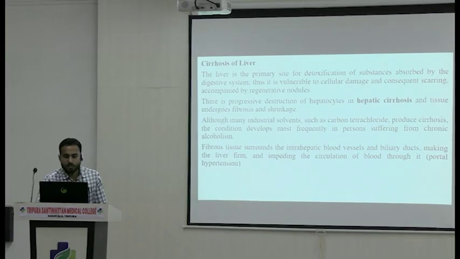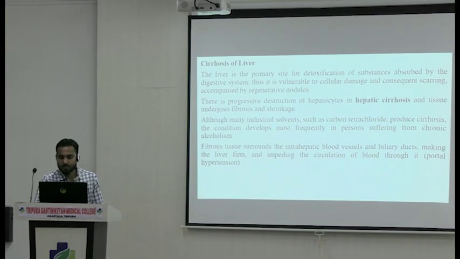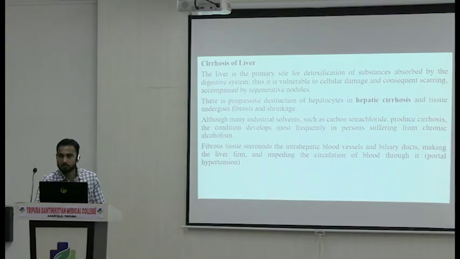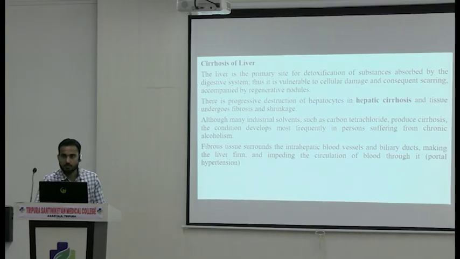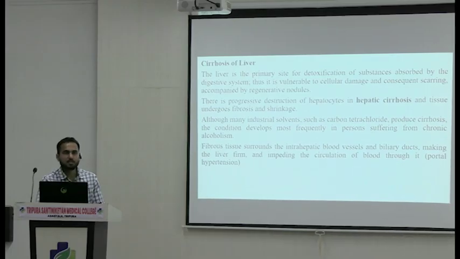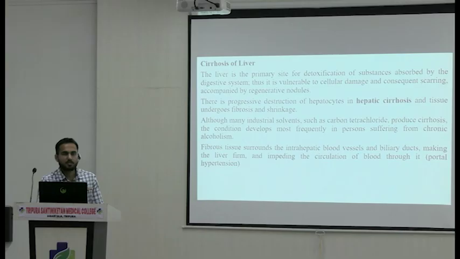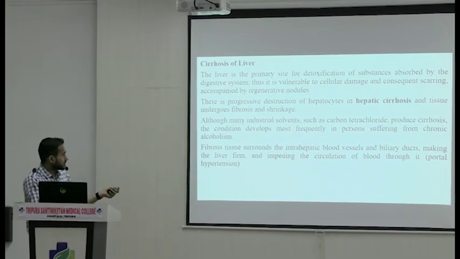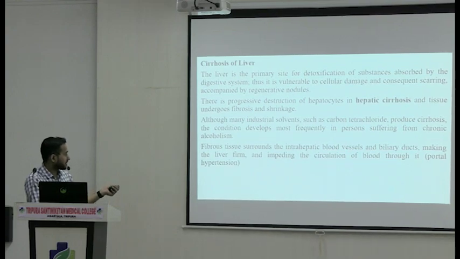Although many solvents, for example carbon tetrachloride, produce cirrhosis, the condition is most frequently seen in a person suffering from chronic alcoholism. In most of the cases, a person consuming alcohol regularly is a reason for liver cirrhosis.